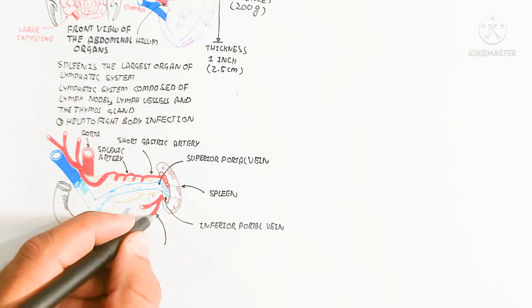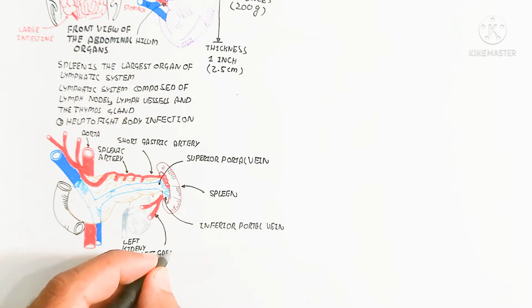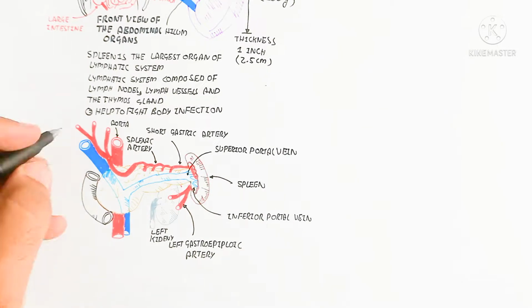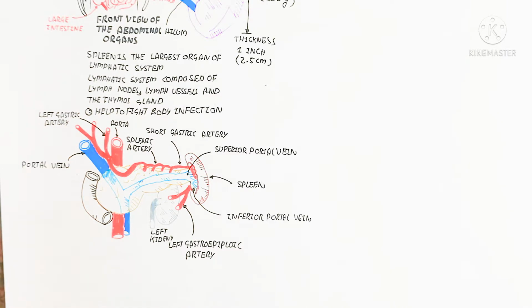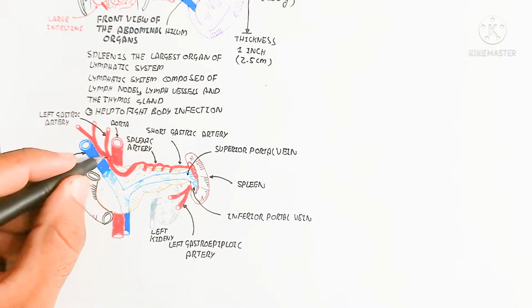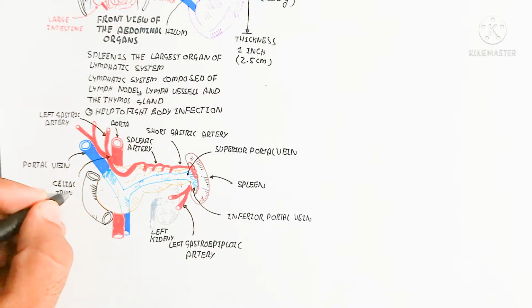The left kidney is here, and the left gastroepiploic artery is present, and here you can see the portal vein, and this is the left gastric artery.